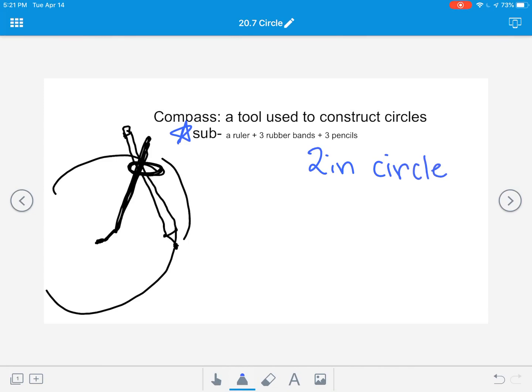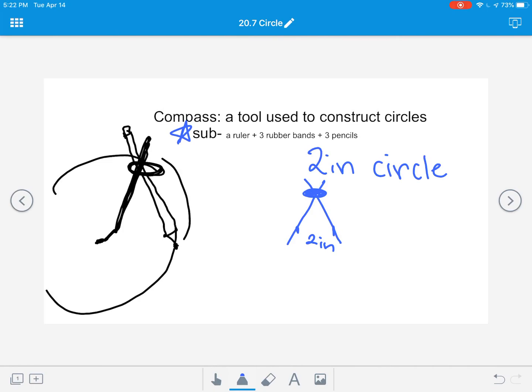then what you would do is you would take 2 of your pencils and you would rubber band them together with a rubber band around them like that and an X at the top. And then you would use the 3rd pencil and you'd measure out 2 inches from one side to the other.